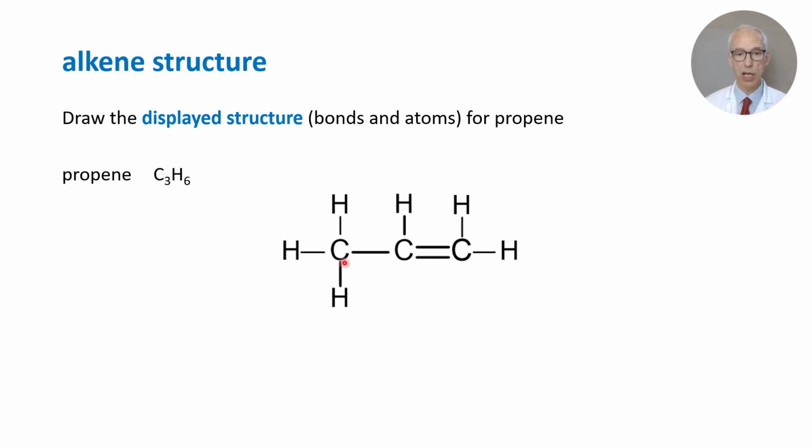So carbon, single bond carbon, double bond carbon. Then each carbon has 4 bonds. 1, 2, 3, 4. 1, 2, 3, 4. And the left-hand carbon, 1, 2, 3, 4. So make up 4 bonds by attaching hydrogens. C3, CH, CH2, propene.